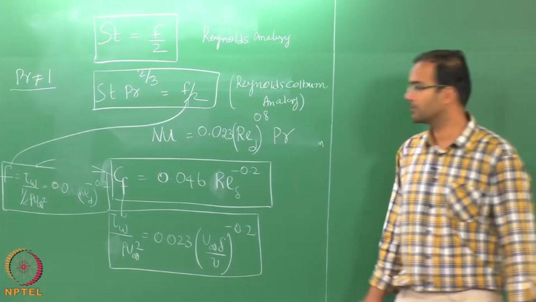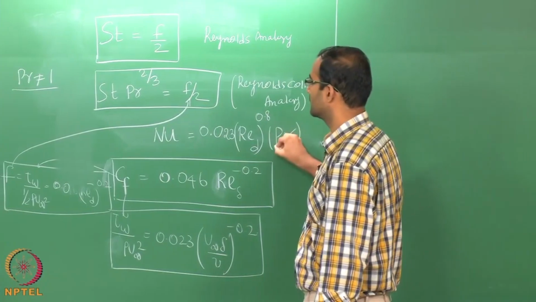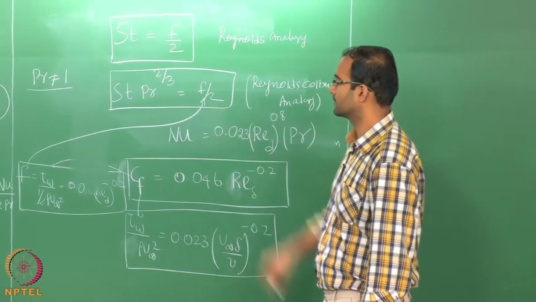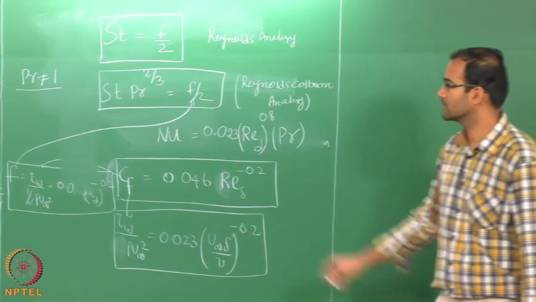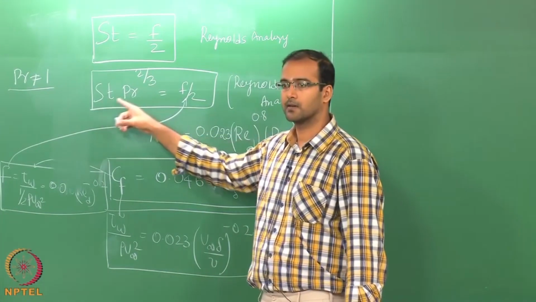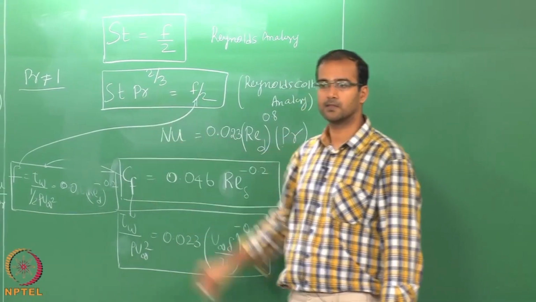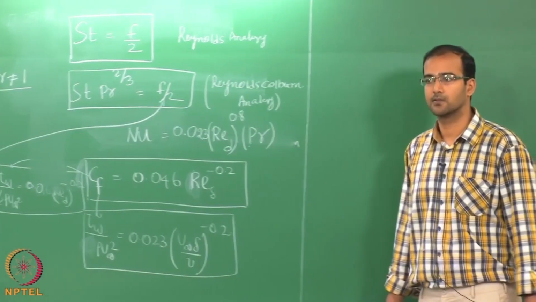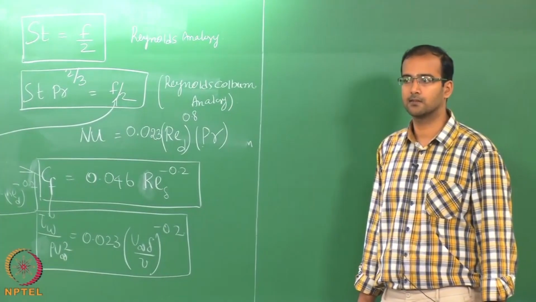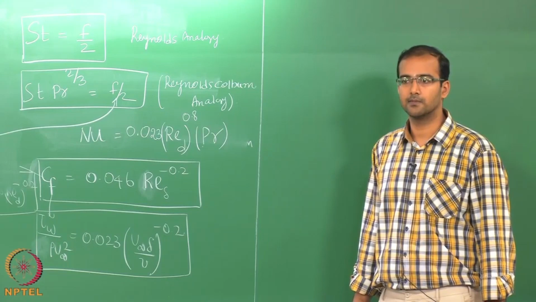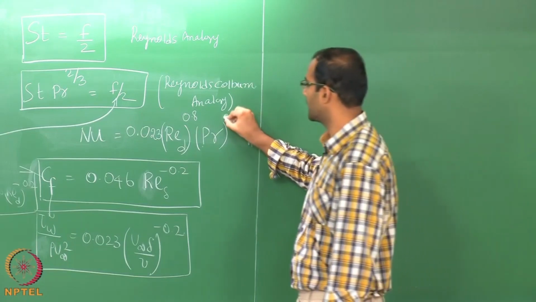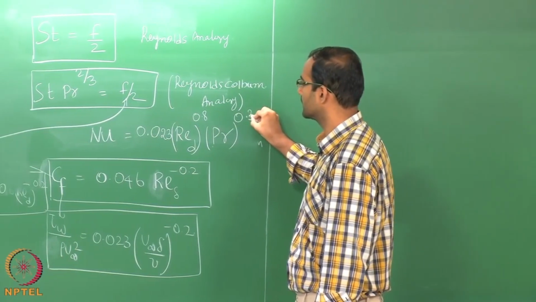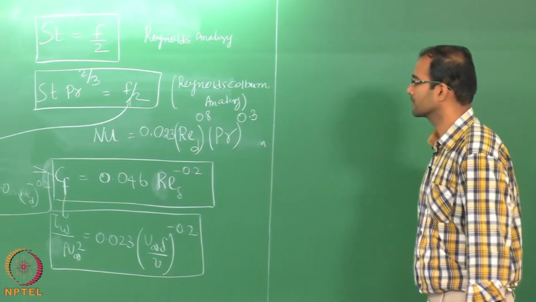And what about the Prandtl number power? This is again Re Pr, so 2/3 minus 1/3, so 1/3, and therefore 0.3.